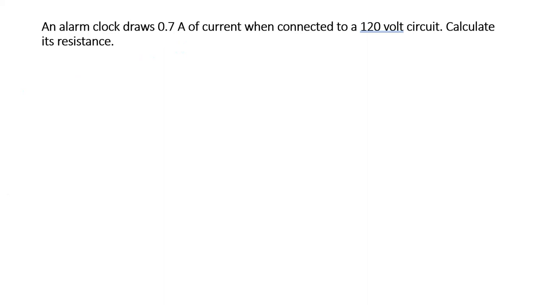All right. So let's look at this one. I have an alarm clock that draws 0.7 amps of current when connected to 120 volts. So let's see what we got. We have amps and we have volts. And then it says, calculate the resistance.